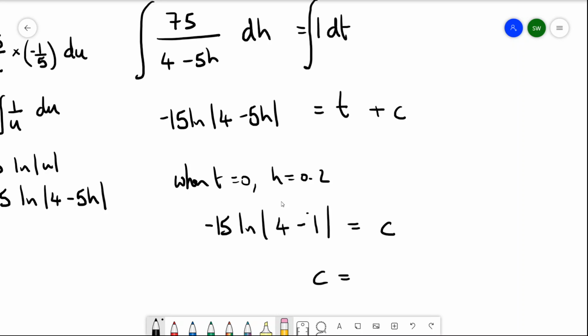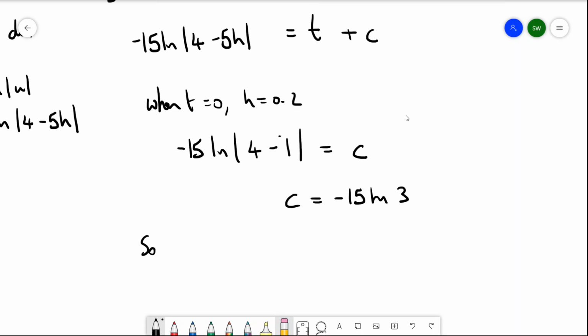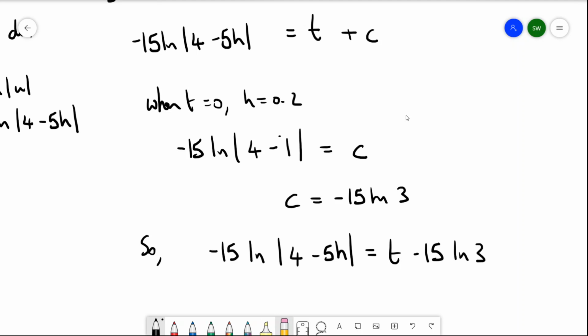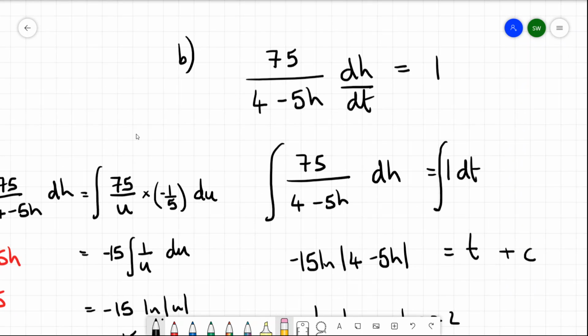So that tells us that c is equal to minus 15 log 3. So that tells us that our equation linking h to t is minus 15 log of 4 minus 5h equals t minus 15 log 3. And I should probably mention here, we don't need to rearrange it to get h the subject. We're not asked to do that, so we're not going to do it because we might make a mistake if we try and do that.